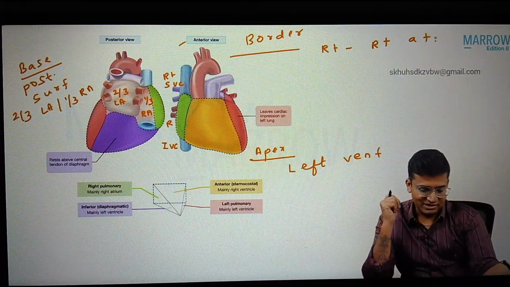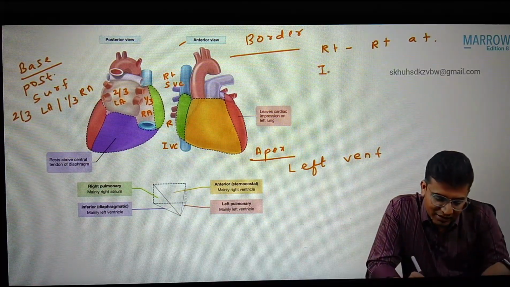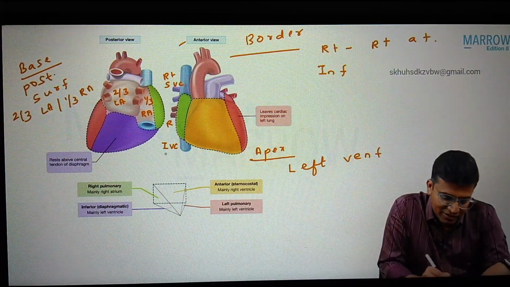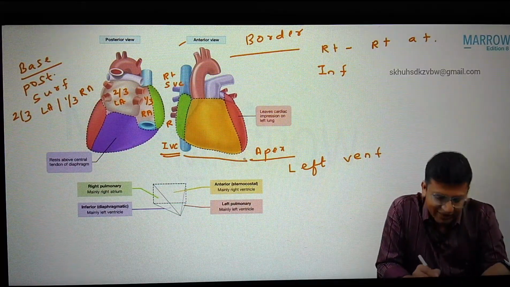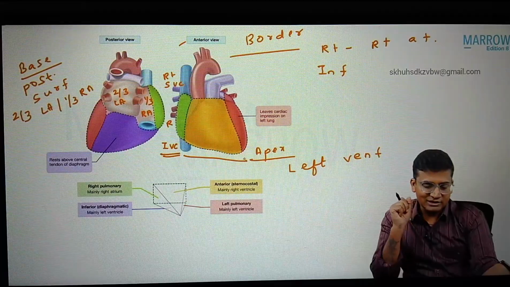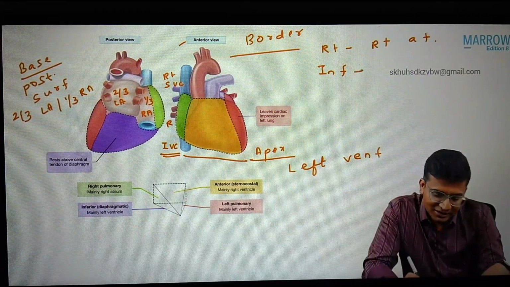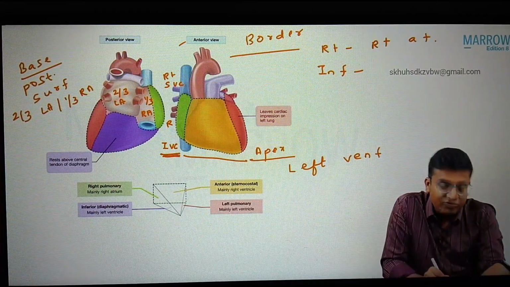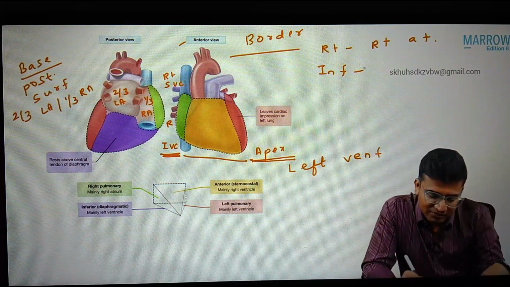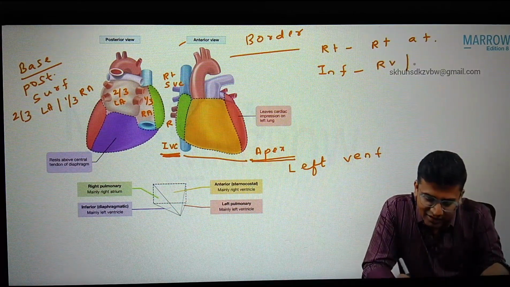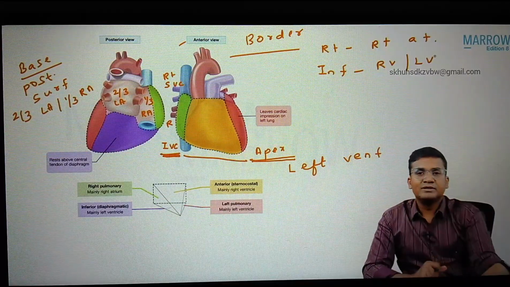Now, what about the inferior border? The inferior border starts from the opening of the inferior vena cava to the apex of the heart. So, who is forming the inferior border? The inferior border is formed by the right ventricle and also by the left ventricle.